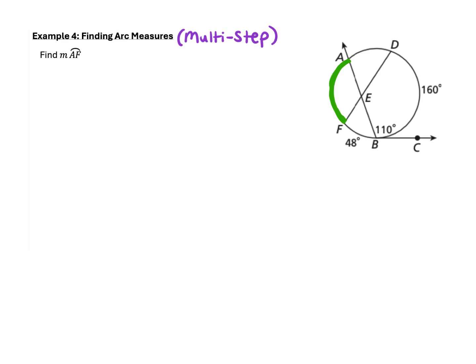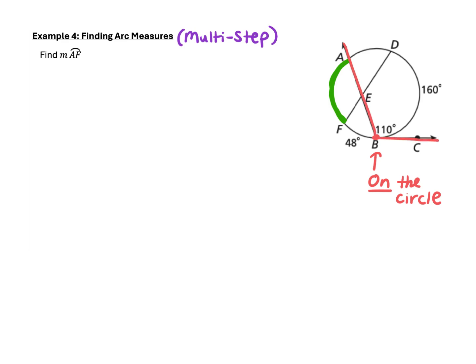Notice first that I see this 110-degree angle, and notice that the vertex is on the circle. If we go back to our concept summary, when the vertex is on the circle, the measure of the angle is half the measure of the intercepted arc. So let's outline our angle right here, angle ABC.